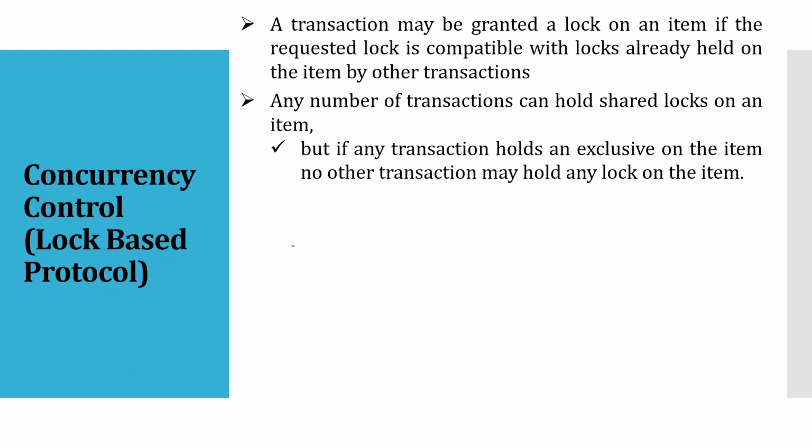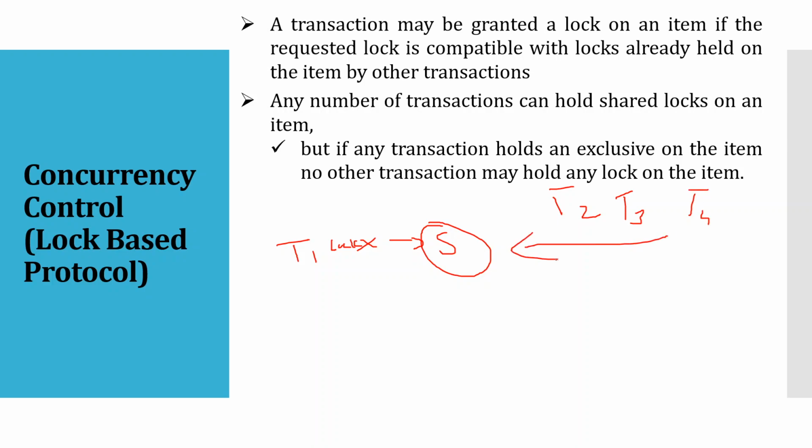So let us say T1 has an exclusive lock X on data item S. Then no other transaction, T2 or T3 or T4, can have any type of lock on this data item.